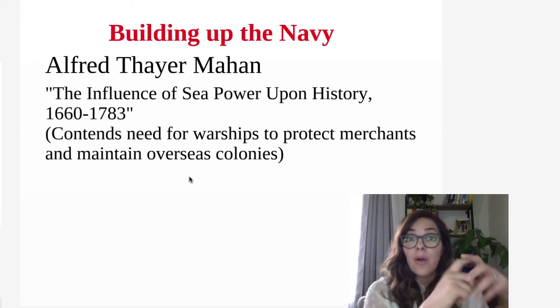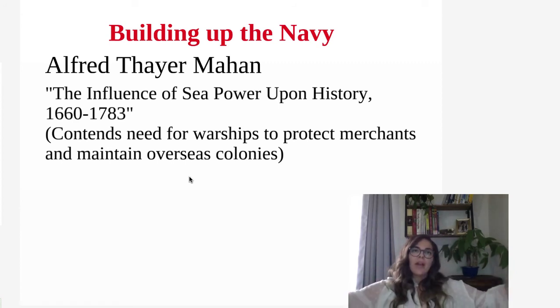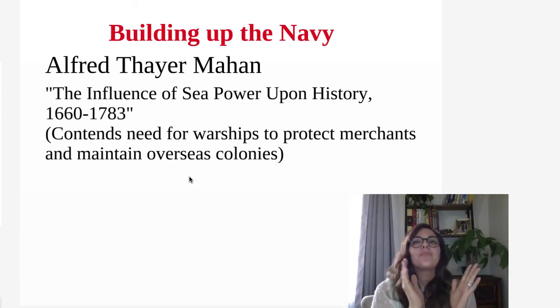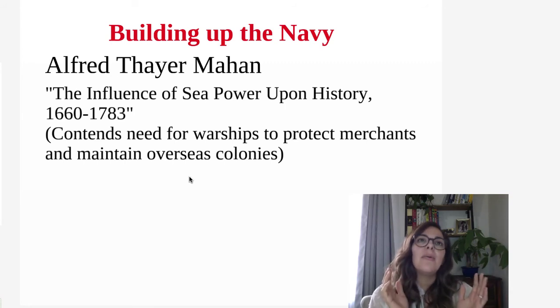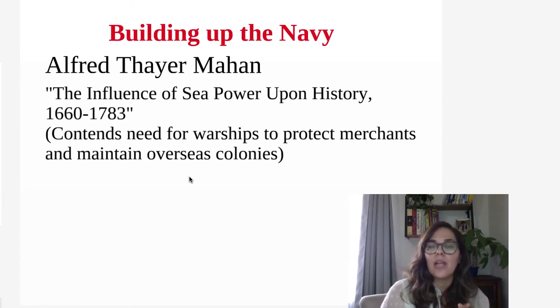Even though it's a small island country, it's got this huge overseas empire. Now, in it, Mahan talks about how part of the key to the success of Britain was that they have this big, powerful, huge navy. That is how they're able to lay claim to such a huge overseas empire, but also be able to protect its own industry in its own country.